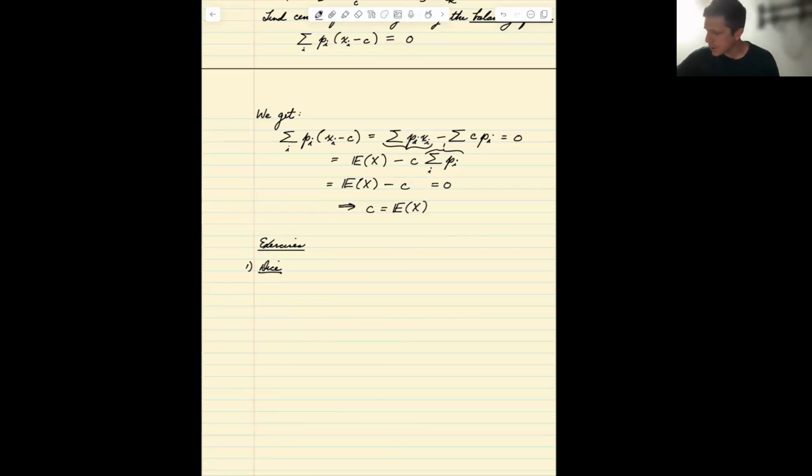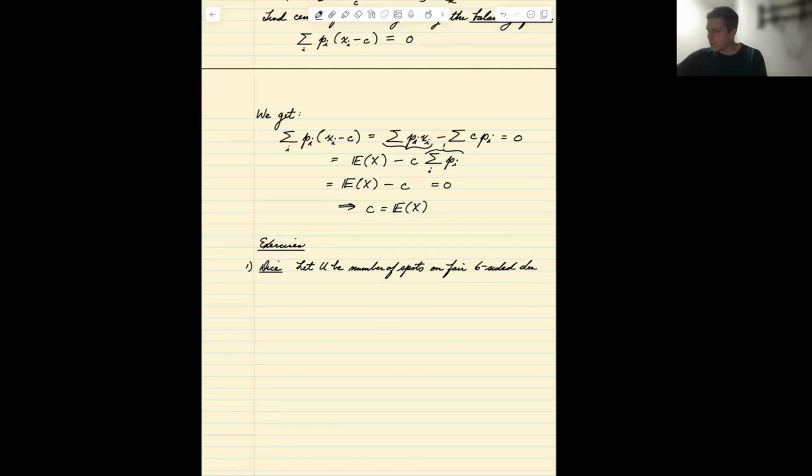In particular, let's start with a single six-sided die. Let U be the number of spots on a fair six-sided die.